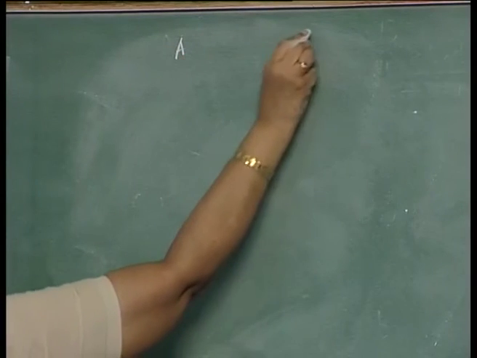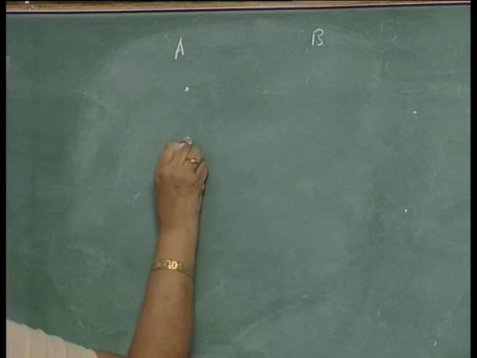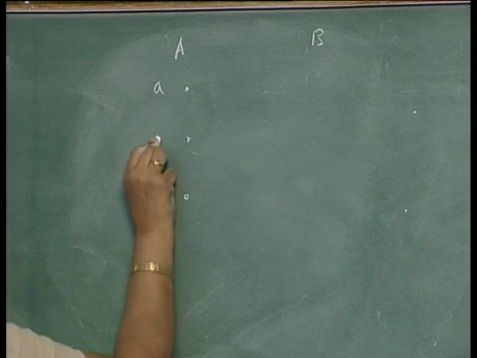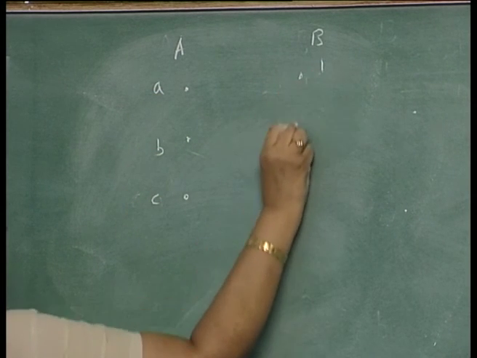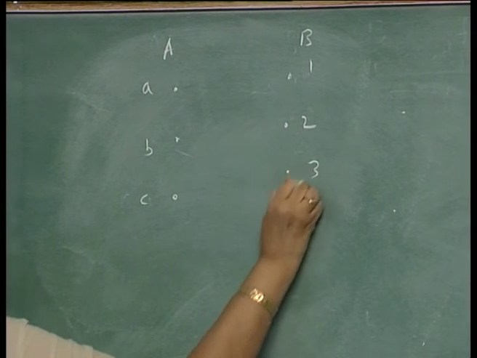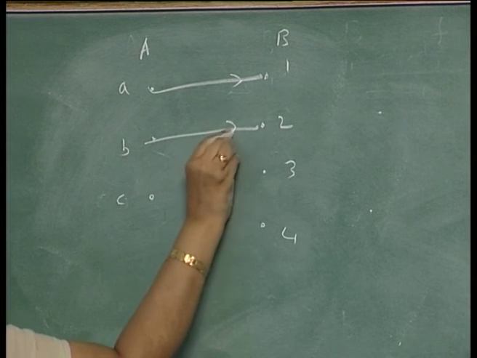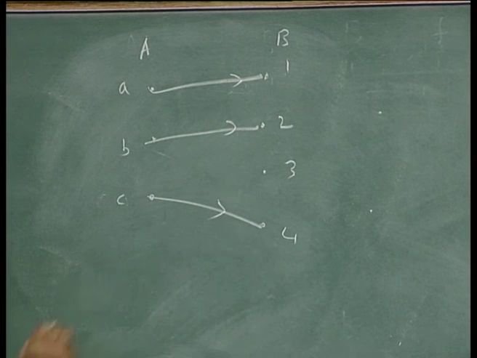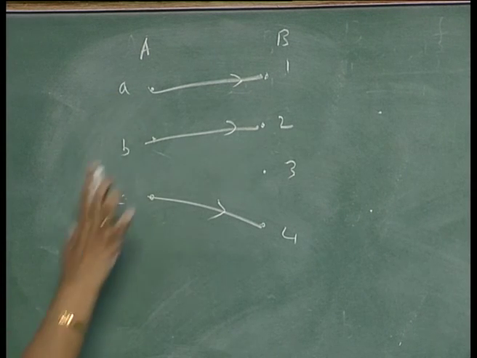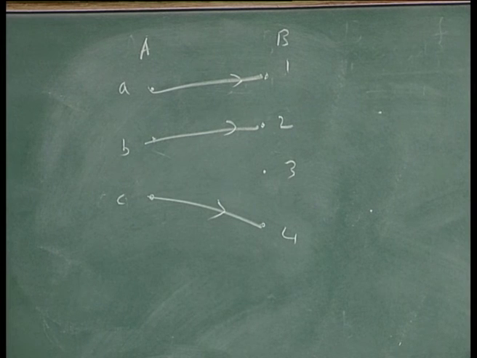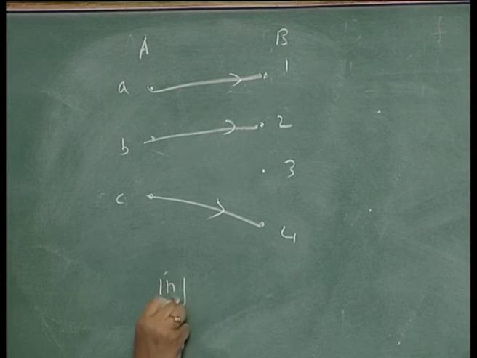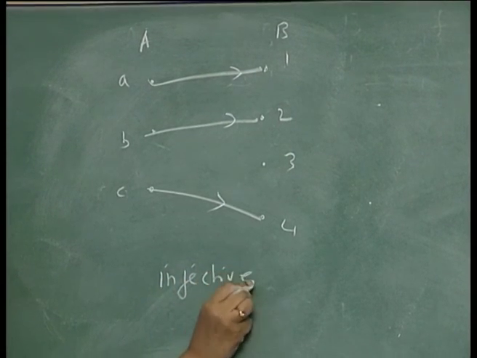Suppose I have a, b, c and 1, 2, 3, 4. A is mapped onto 1, B is mapped onto 2, C is mapped onto 4. This is an example of an injective function because different elements are mapped onto different elements. In that case, you say that the function is injective or 1 to 1.